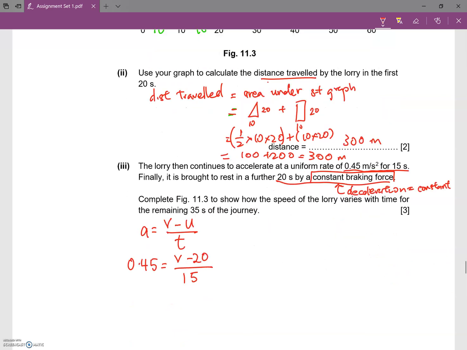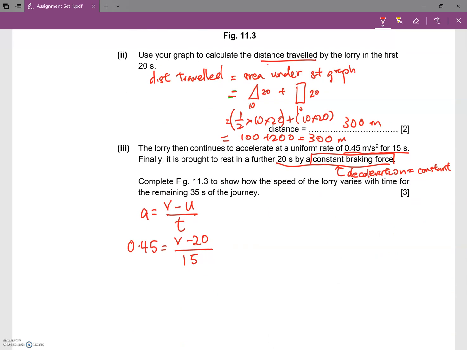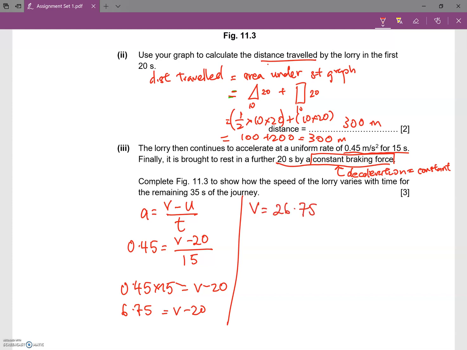So 0.45 multiplied by 15 equals V minus 20. 0.45 multiplied by 15 is 6.75, equals V minus 20. So V is 26.75 meter per second.